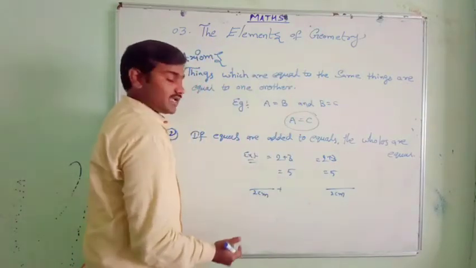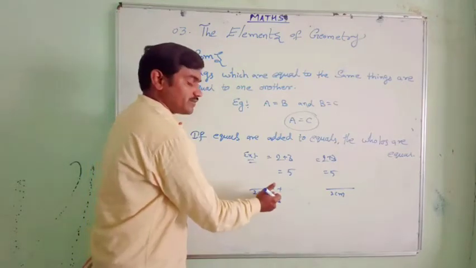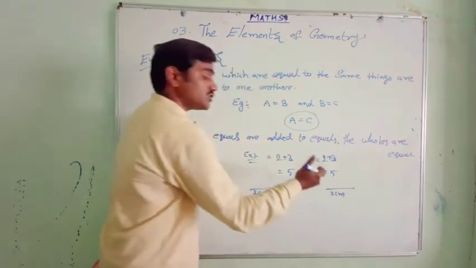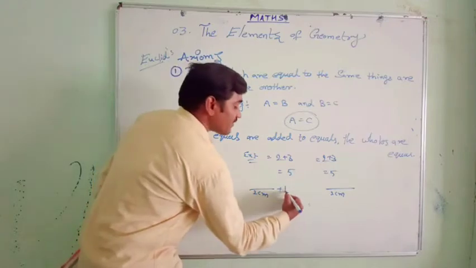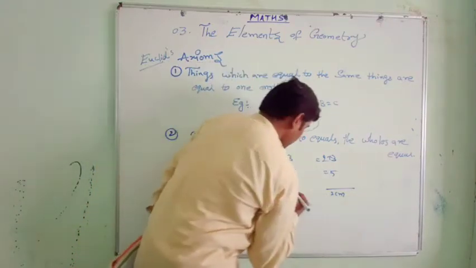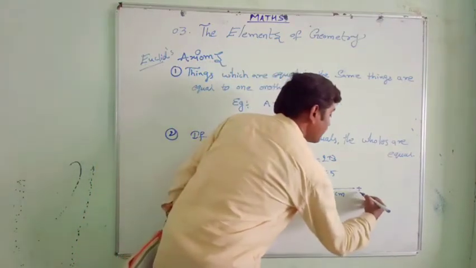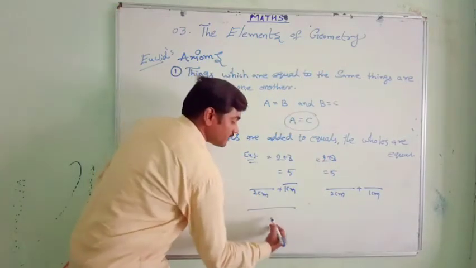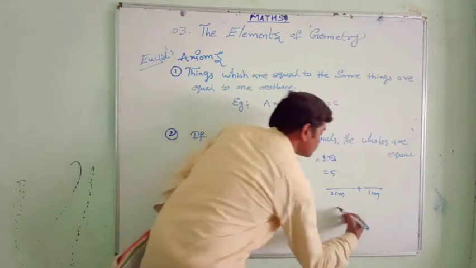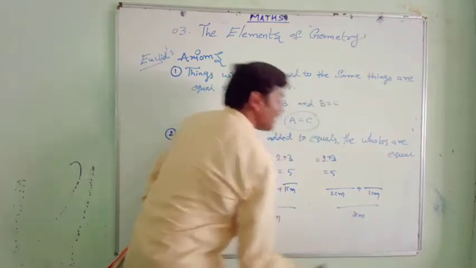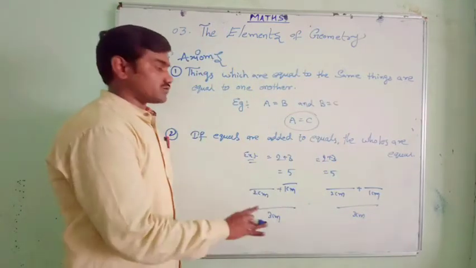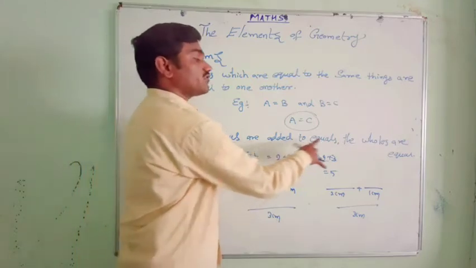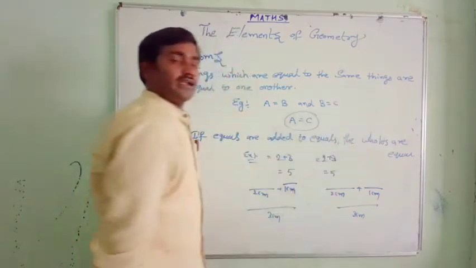These two are equal line segments. If I add one more centimeter to this line segment and one more centimeter to the other, their wholes are also equal. If equals are added to equals, then the wholes are equal.